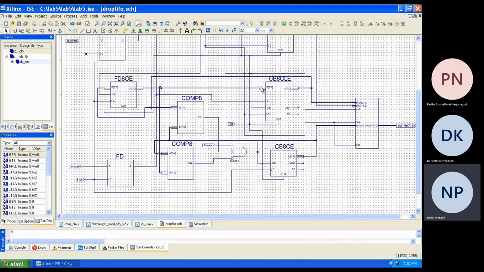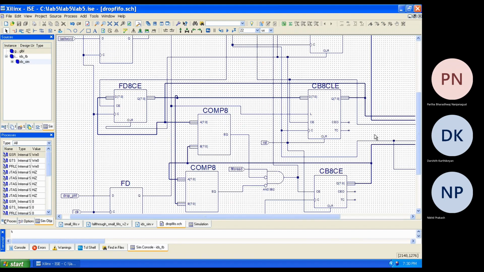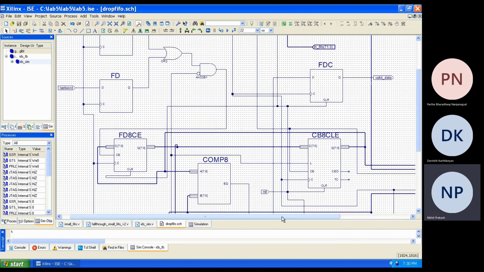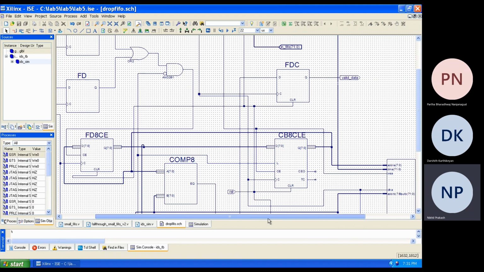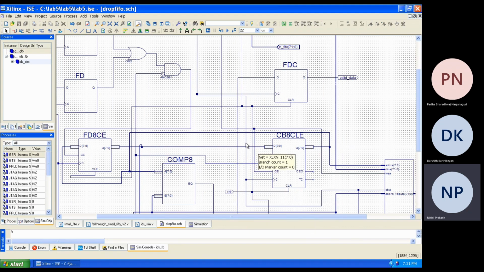So how are we dropping the packet? If we see here, for the address generation, there is something called load. What happens when we set the load input high? Whatever data is coming here will be directly loaded to here. Previously, whatever address was generated is going to be wiped off, and whatever data is here is going to be loaded.